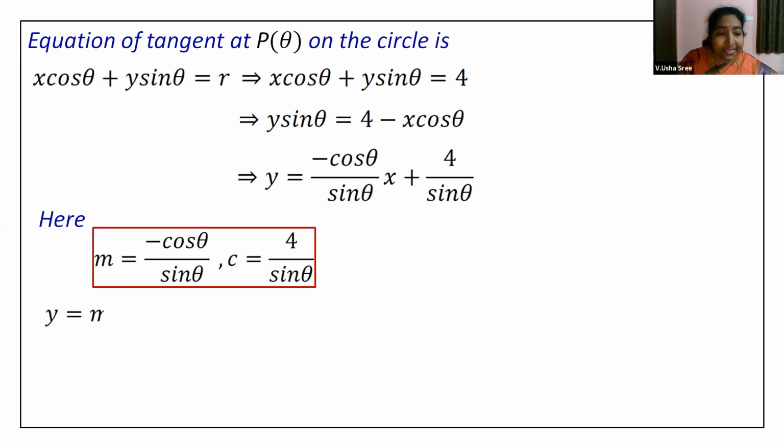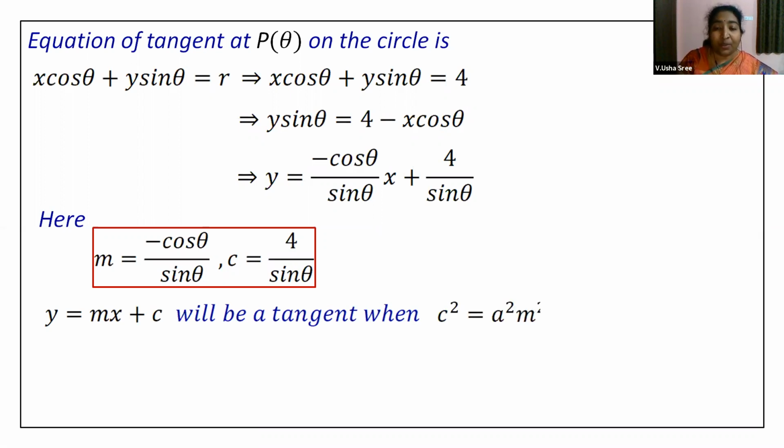Now, y is equal to mx plus c will be a tangent when, as I was mentioning at the beginning of the session, c square is equal to a square m square plus b square. This is the reason why we get the tangent equation as y is equal to mx plus or minus root of a square m square plus b square.